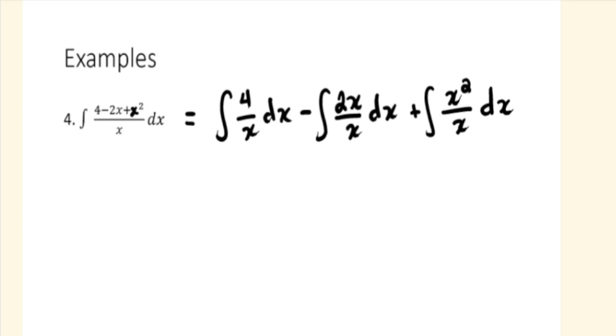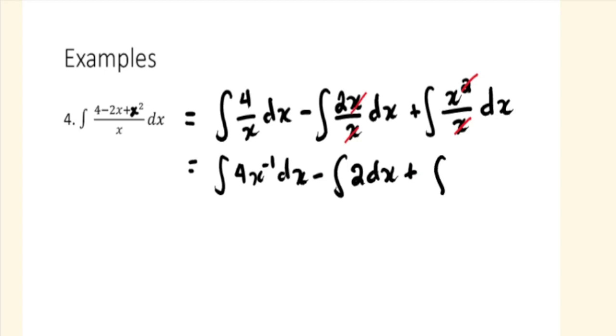Then, if we apply laws of exponents first, or simplify, ito technically mga tatanggal. This one would cancel out. So we have 4x raised to negative 1 dx minus integral ng 2 dx plus integral ng x dx.